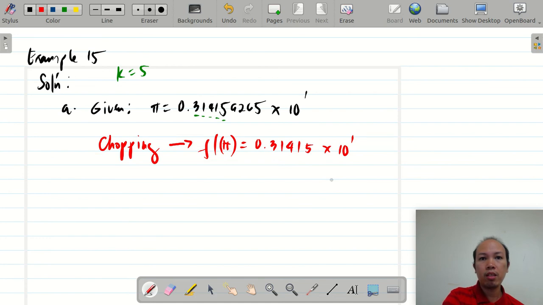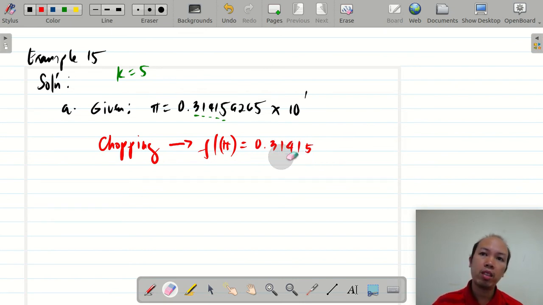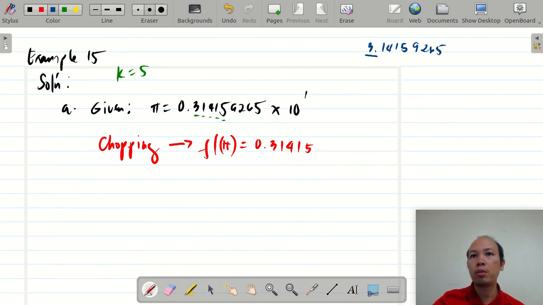If this is missing, then as you can see, this will not be the correct value for pi, which is 3.14159265.